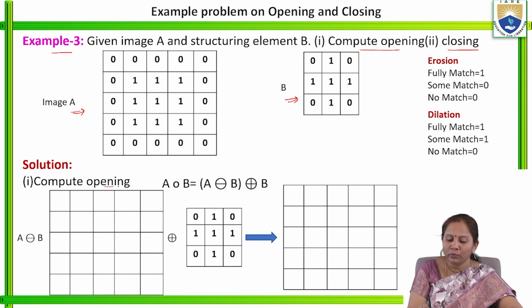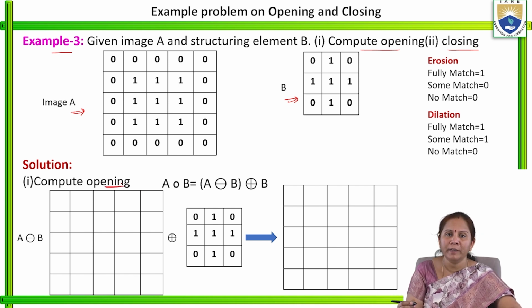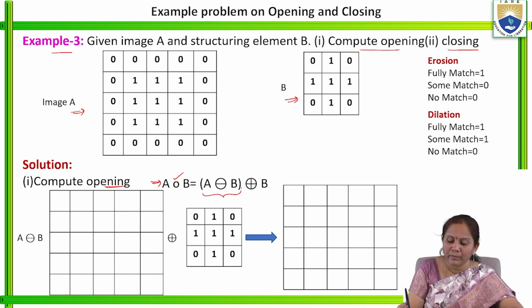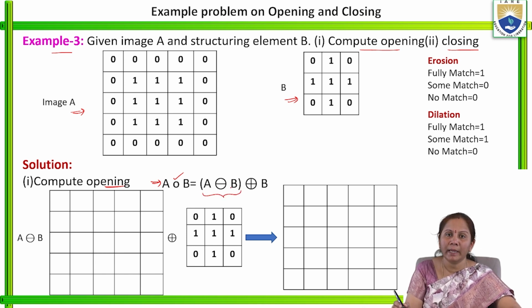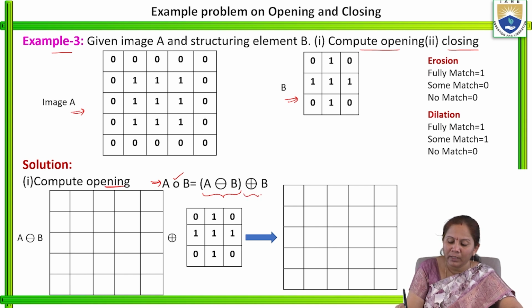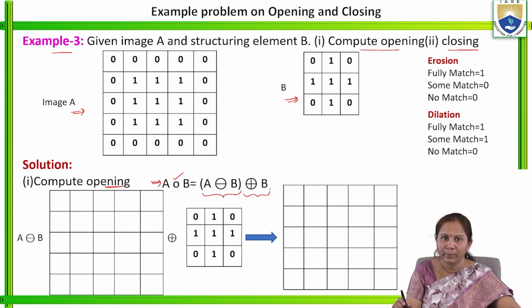To apply the opening operation, the formula for opening, this is the symbol of opening, A opening B. So the formula is, first we have to perform the erosion operation between A and B, and to the result we have to perform the dilation operation with B.